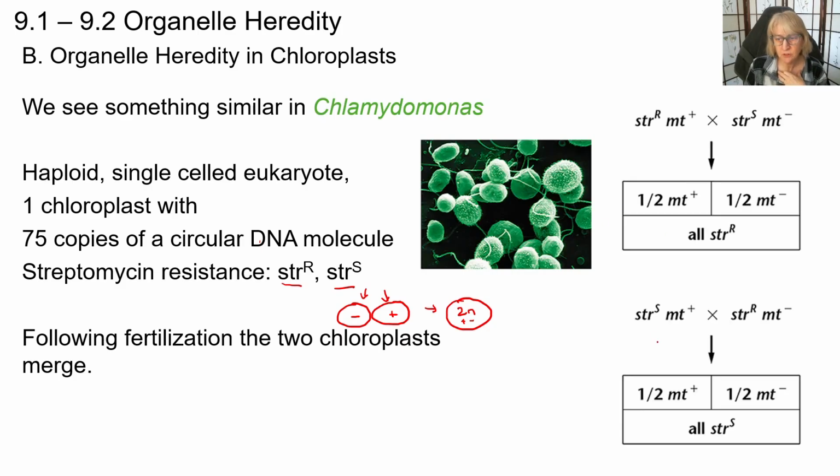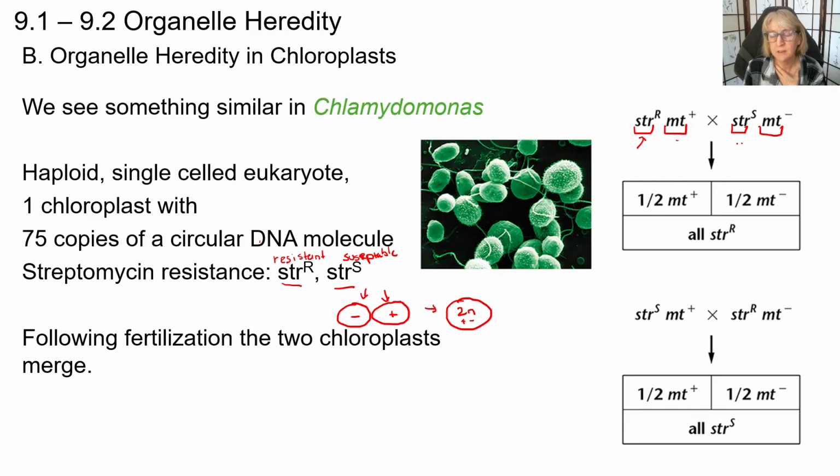So if I put this chart over here, rather than drawing another life cycle, as a researcher I am seeing my mating types and their streptomycin resistance. This one is with an R, resistant. The S means susceptible. Susceptible means that they can be killed by streptomycin.